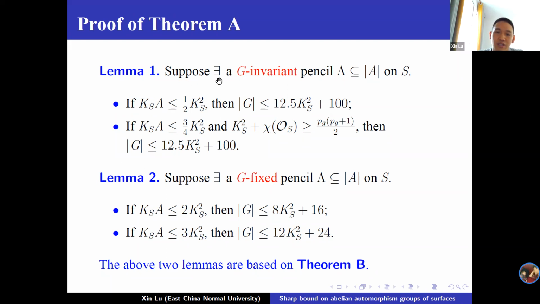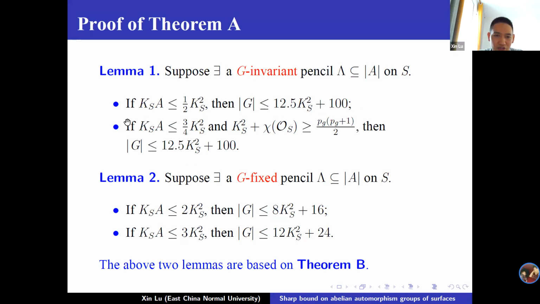So suppose there exists a G-invariant pencil or G-fixed pencil such that this pencil admits a small canonical degree. Here we say the canonical degree, that is the Ks times A, is smaller than 1/2, half of this Ks square, then we get this upper bound.